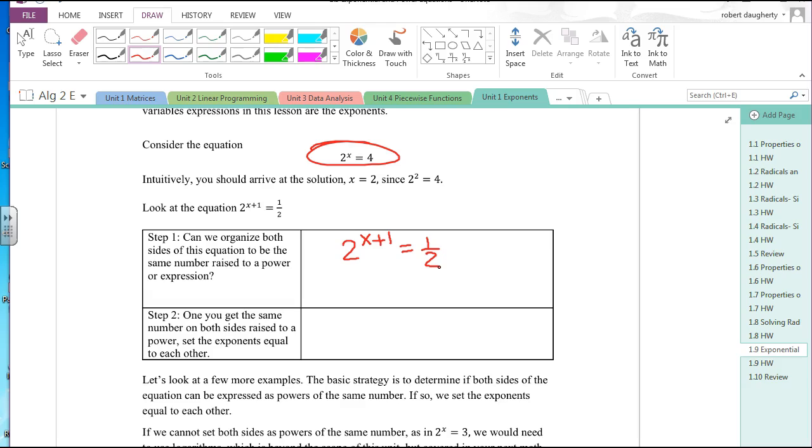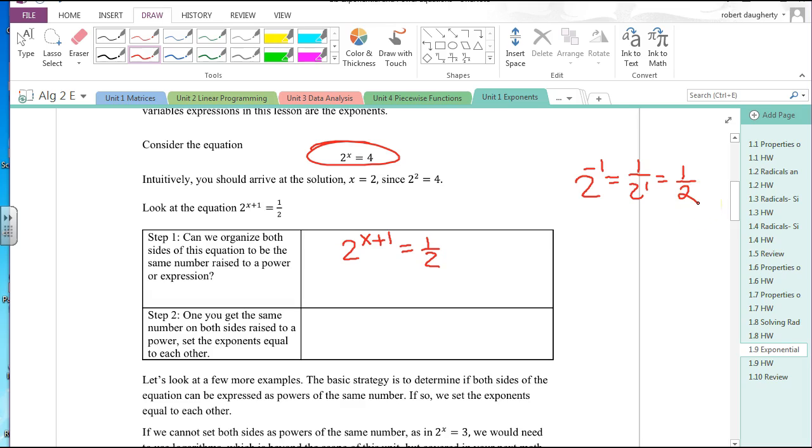Now I got to ask myself, can I write the right side of the equation as 2 to a power? Yes. So someone tell me, what is it? Not 2 to the first. 2 to the what? Negative 1, sorry. So if you remember, 2 to the negative 1, that's 1 over 2 to the 1, which is what? 1/2, okay?